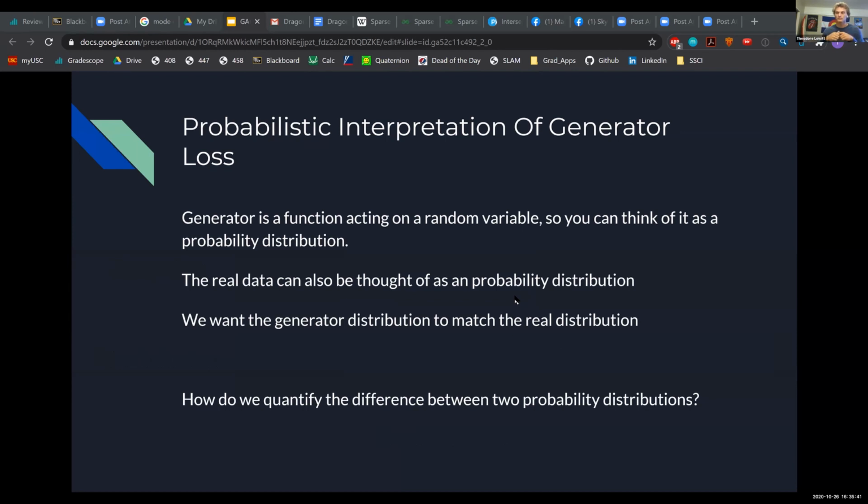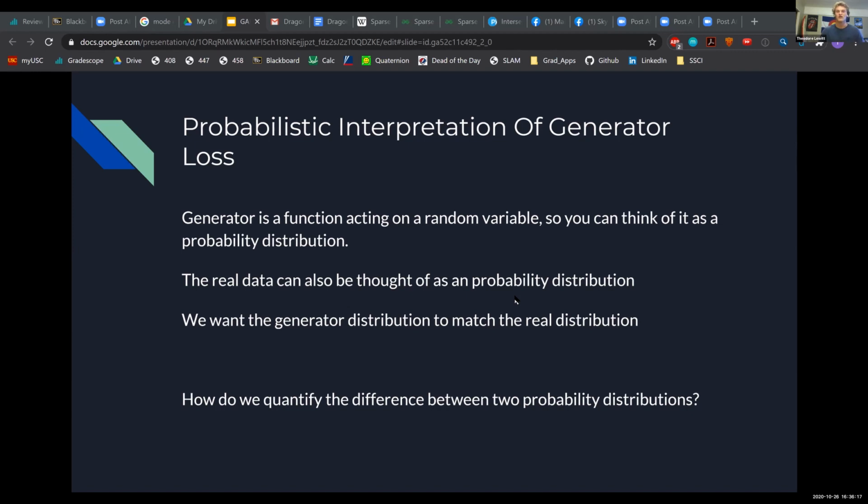And so what we want is our generated distribution to exactly match the real distribution, because then our discriminator, which is still really good, is going to have no idea which one's real and which one's fake, because it only sees samples of that distribution. If you give a really good discriminator an exact sample from either the generator or the real distribution, and they're the exact same, your discriminator can't figure it out. It will predict that they're real both times.